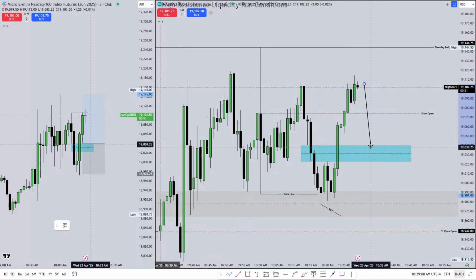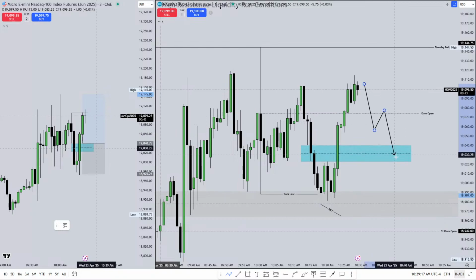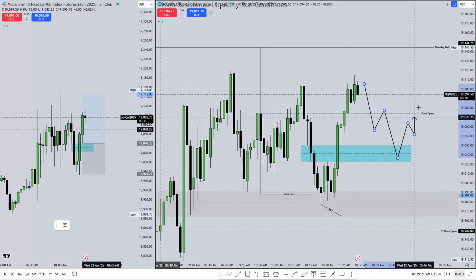I'd be surprised if it gave like a retracement right here. A scenario that I could see if it did do that would be something like this. Inverse of fair value gap right here to then go higher.